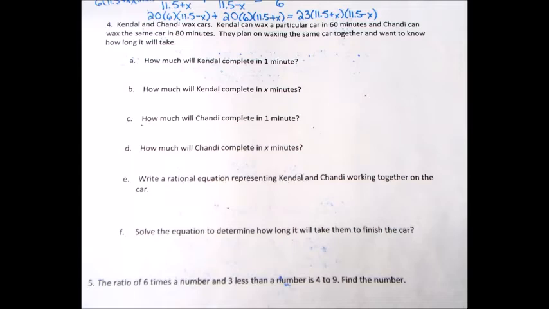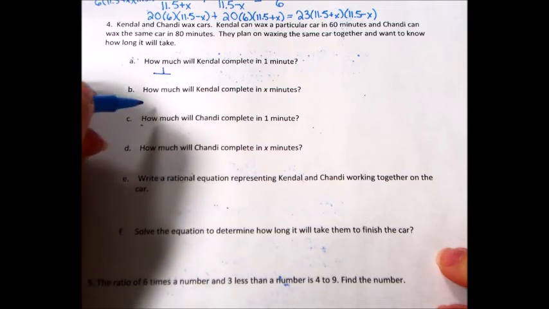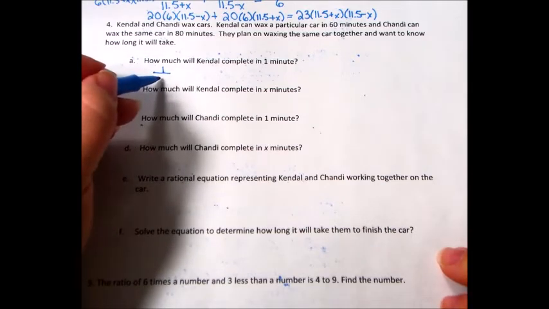So first we need to figure out how much will Kendall actually wax in 1 minute. So she can wax in 60 minutes a whole car. So 1/60th is how much she can do in 1 minute.